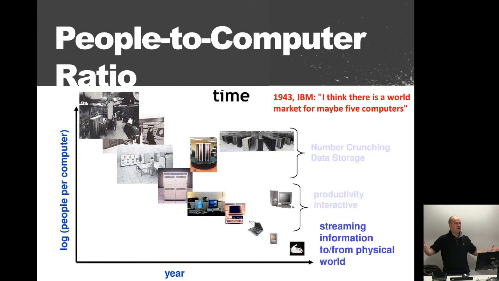You had one big machine and many users trying to grab a bit of processing power on that big machine. And then the computer became the personal computer. Initially it was at work: if your job involved dealing with data, you were provided with a desktop computer. And nowadays computers are everywhere, work or leisure.